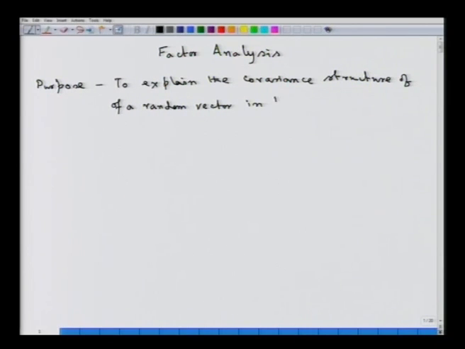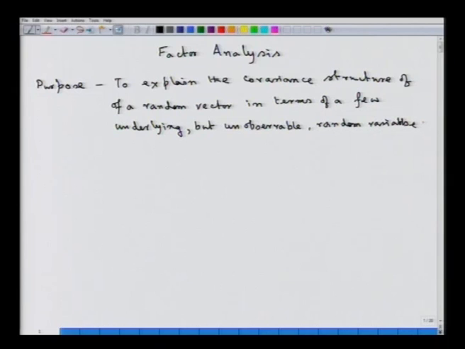in terms of a few underlying unobservable factors. Now these unobservable factors are random variables. There are reasons why it is written 'in terms of a few underlying'.